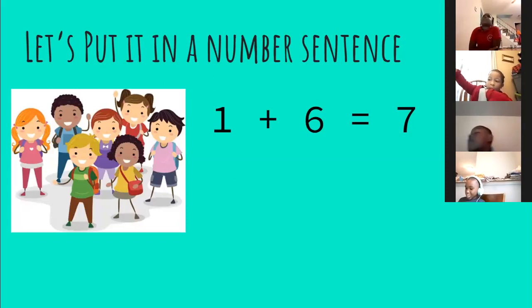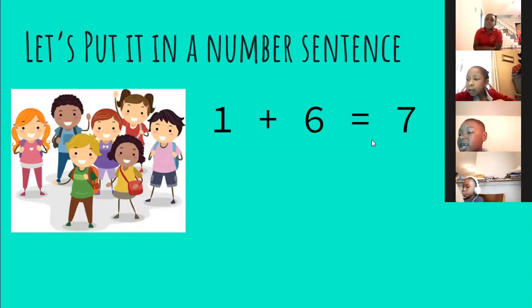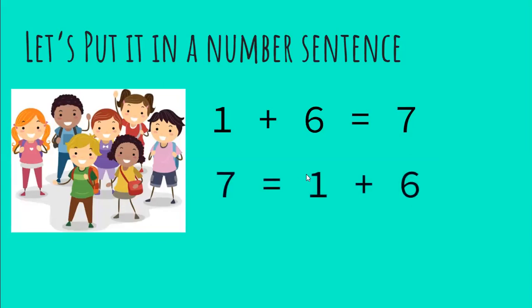What's my whole number? 7. 7 equals, then tell me the rest. 6 plus 1. 7 equals 6 plus 1 or 1 plus 6. Good job, Maisha. If you agree with Maisha, thumbs up. I do. I know I agree with Maisha.